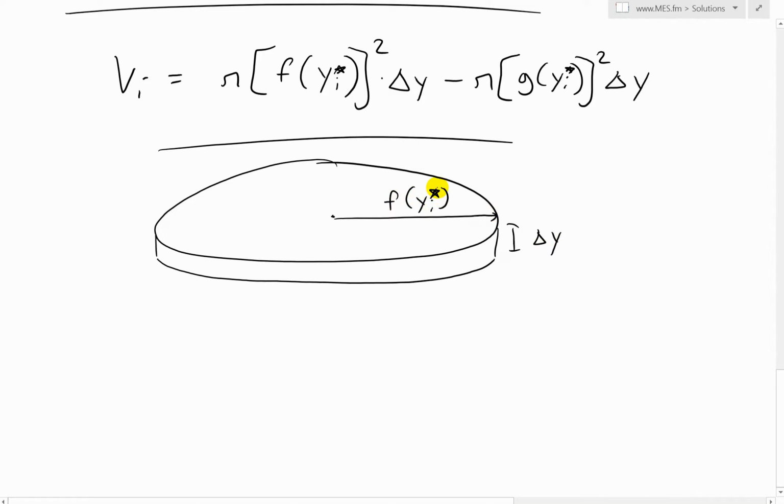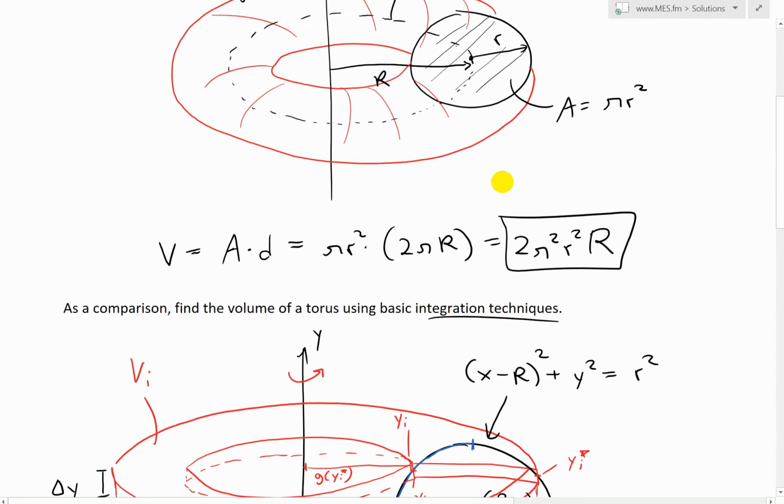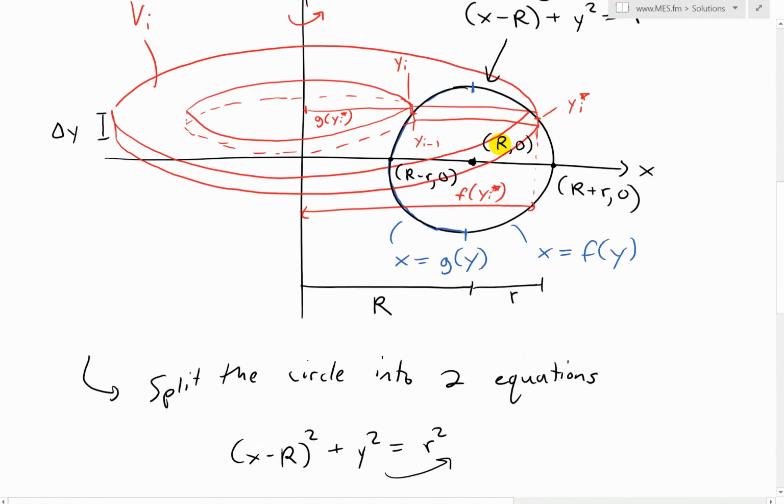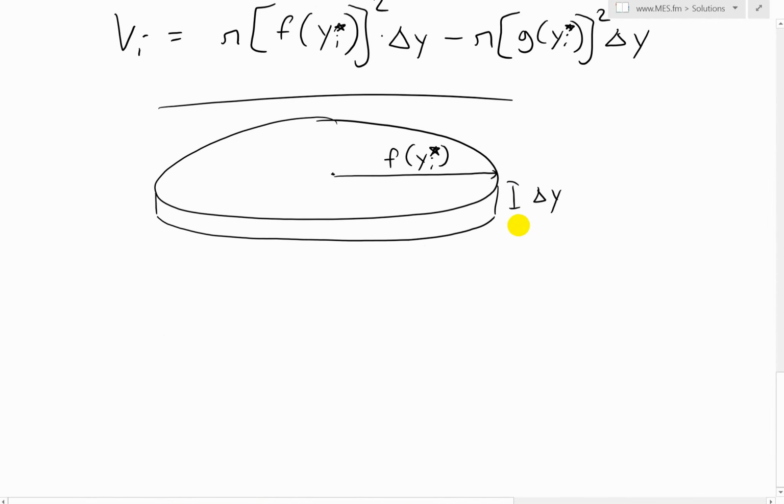Then the volume of this section is simply the area, pi times the radius, f of yi star, squared, and then delta y, which is the height.